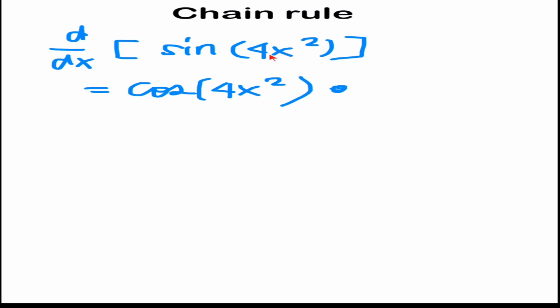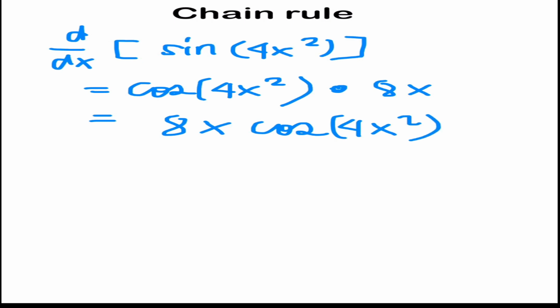What is the derivative of 4x squared? So 4 times 2 is 8x. Then we subtract 1 from the exponent, so 2 minus 1 is 1. So now the final answer is 8x cosine 4x squared.